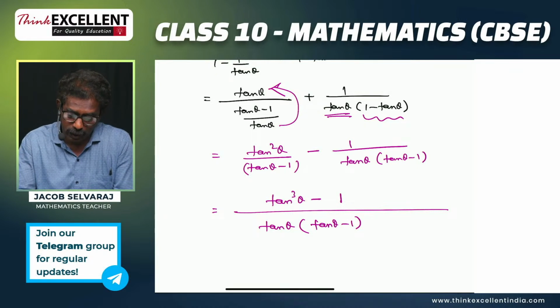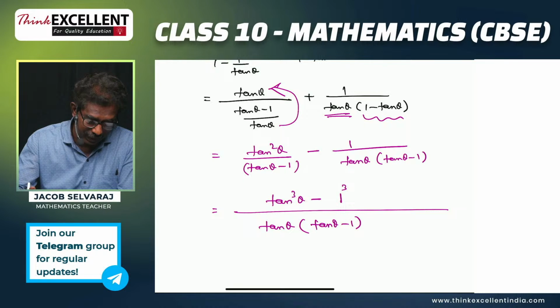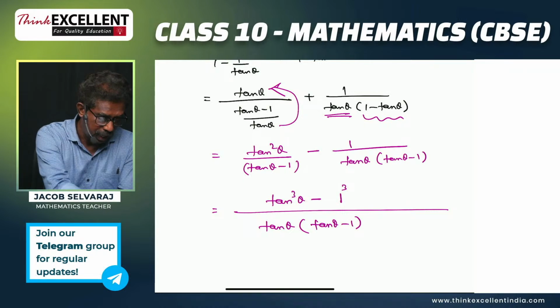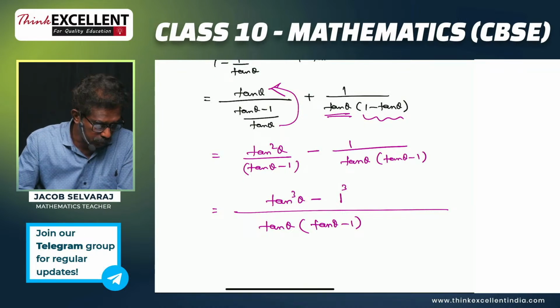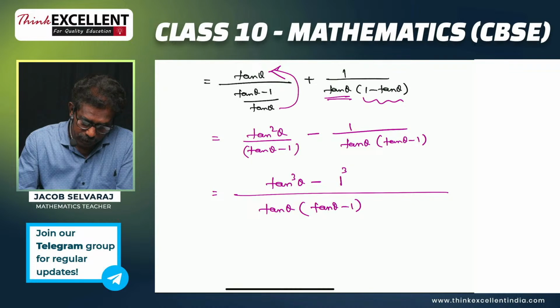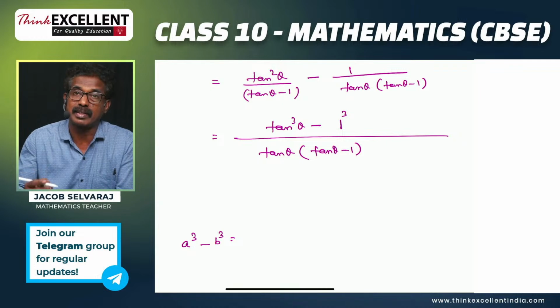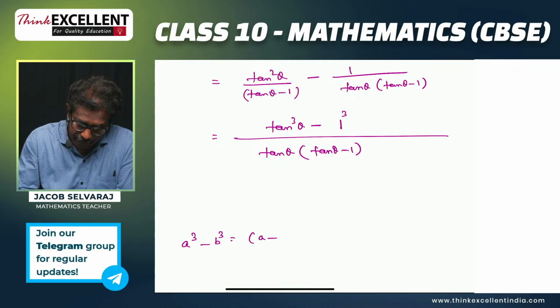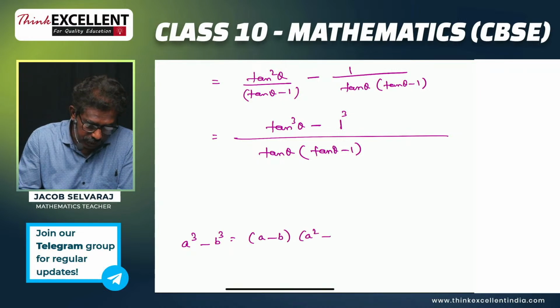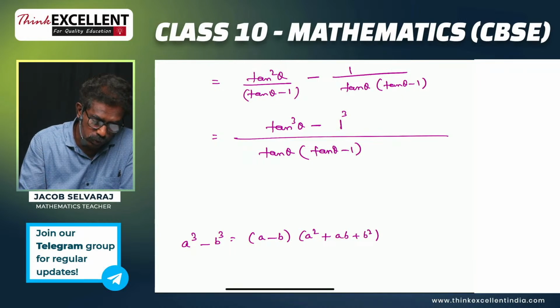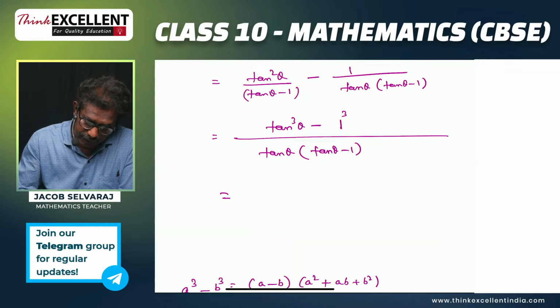Now look at this. 1 can be written as 1 cube. Again, alpha cube minus beta cube. You can use this formula. You see, a cube minus b cube. In factorization, you would have studied this formula: a minus b into a square plus ab plus b square. Okay, we try this one. So what you are getting? A minus b, so tan theta minus 1.